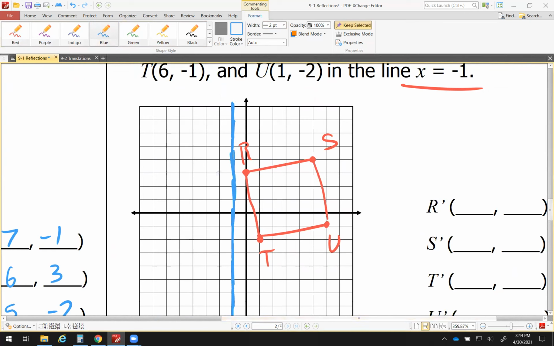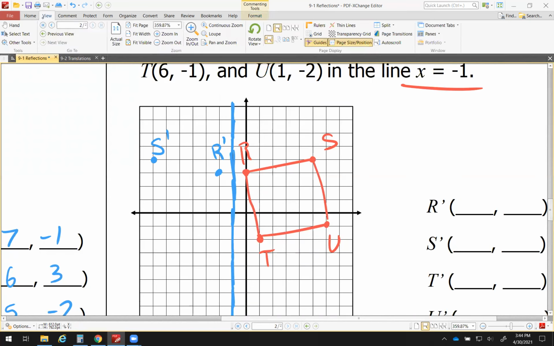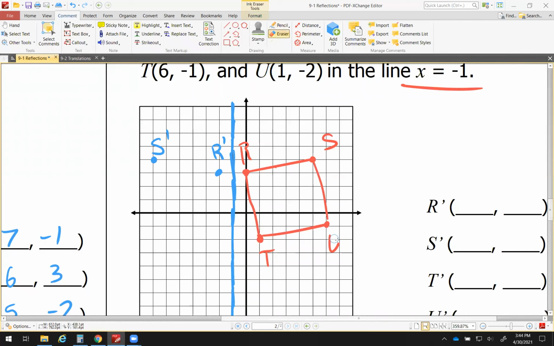And so R prime will be 1 unit to the left of it because R was 1 unit to the right. S is 6 units to the right, so S prime will be 6 units to the left. T is 2 units to the right, so, well, I guess I mixed up the order here, but as it's labeled, you know, actually, I'm just going to fix it. Sorry about that.